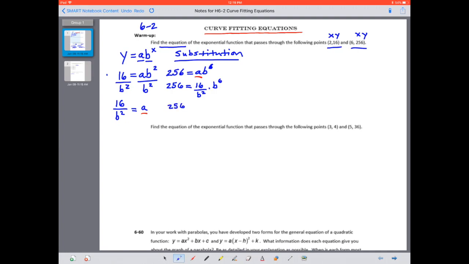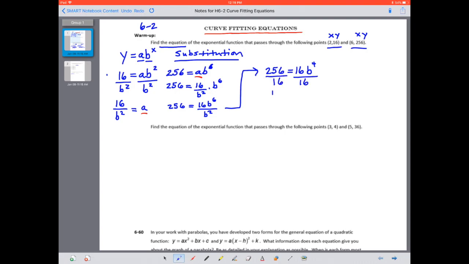So we have 256 equals 16 b to the 6th power over b squared, if you're more comfortable seeing it that way. Now we just need to simplify and solve. Since we have b to the 6th over b squared, that will just become b to the 4th. So we have 256 equals 16b to the 4th power.